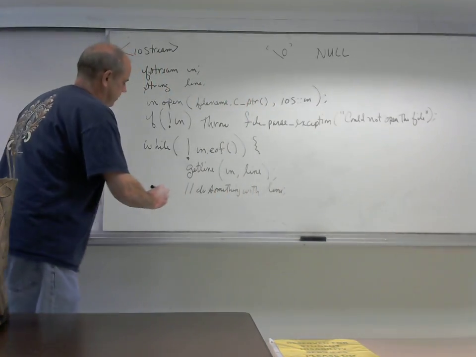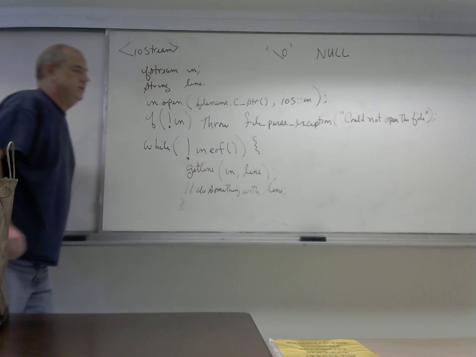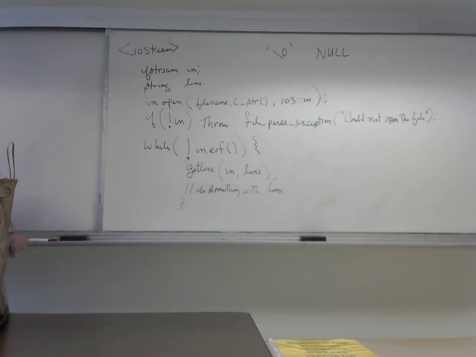So there are several forms of this getline method. And note that there's no dot operator here. We don't have n.getline, though it does exist, but that's not what we're using. This getline is in std, the standard algorithms, standard methods that come with C++ that are not part of any class.